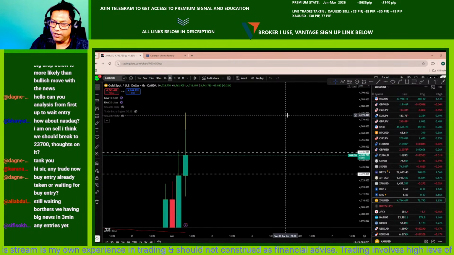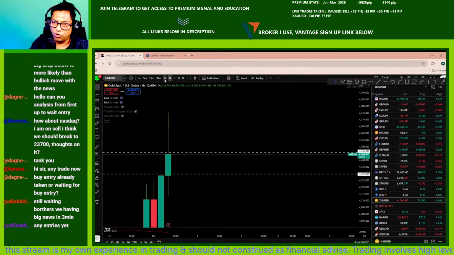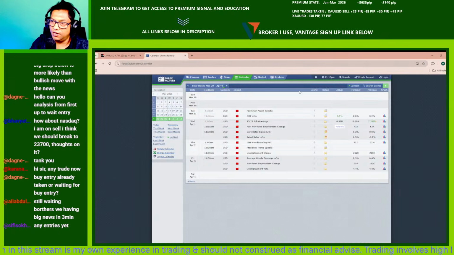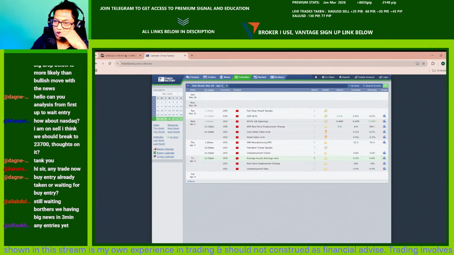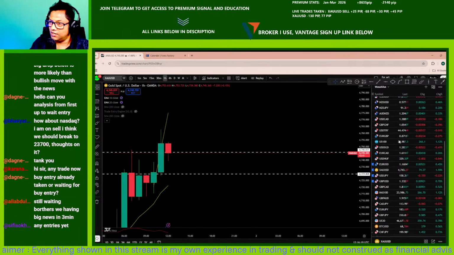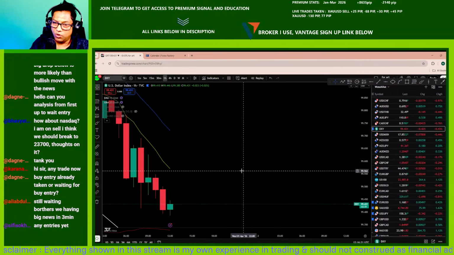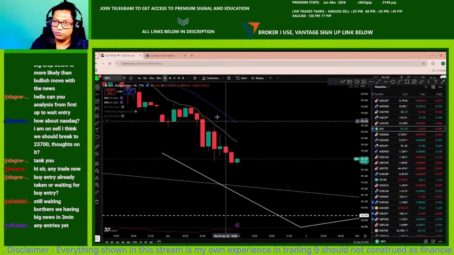From the intraday, from the 4 hour, the price has dropped to that, and 62k. So the data has come out positive for DXY, which is 62k ADP non-farm employment change, almost 50% up. So DXY started trying to pick up.